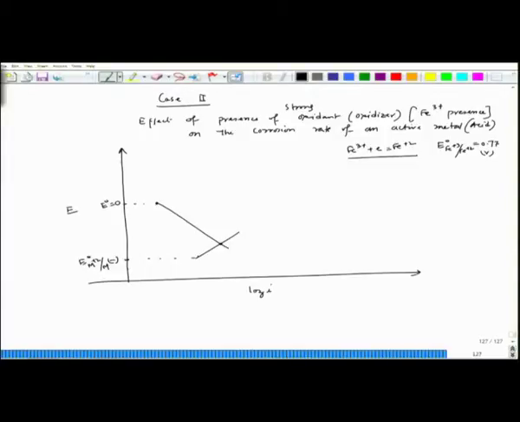So, this is positive 0.77, equal to E0 for Fe3+/Fe2+. Let us say its position is here. This is I0 for Fe3+ to Fe2+ on the metal surface, because Fe3+ is in ionic form in the solution.